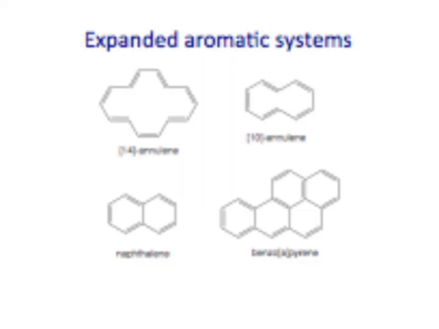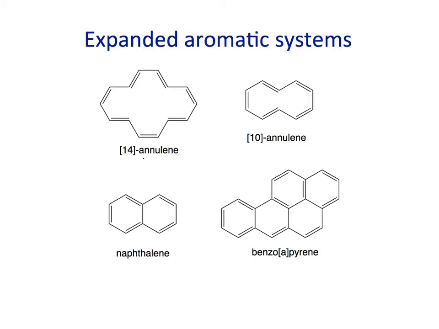Okay, so you can have these expanded rings too. Like, look at these big rings. When you have these rings with alternating double bonds, they're called annulenes. And this 14 or this 10 tells us the number of carbons, or the number of atoms in this ring.